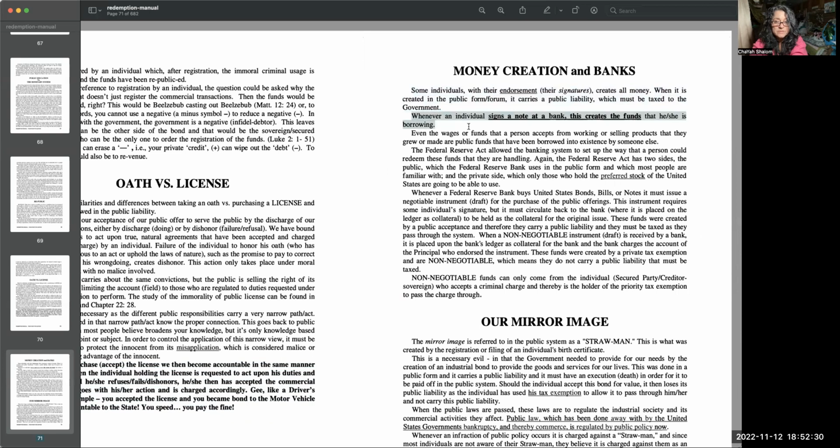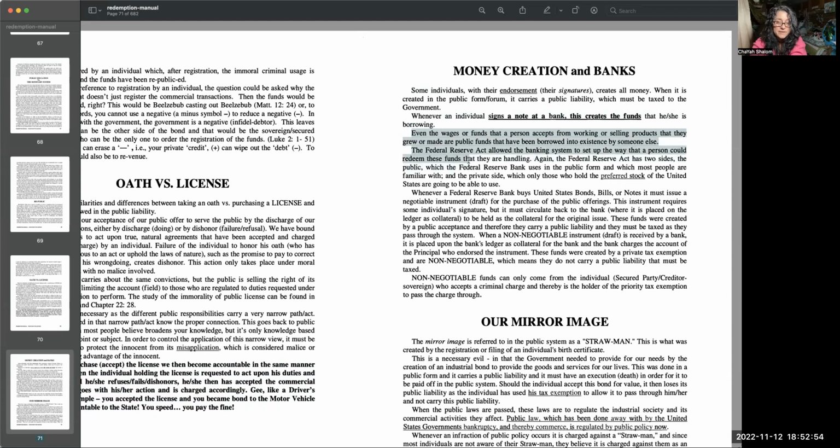Whenever an individual signs a note at a bank, this creates the funds that he or she is borrowing. Even the wages or funds that a person accepts from working or selling products that they grew or made are public funds that have been borrowed into existence by someone else.